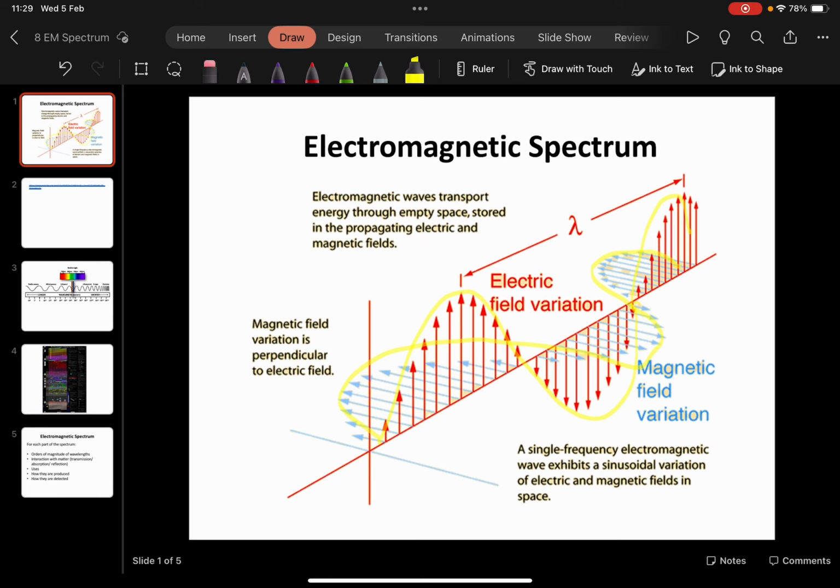And that is the nature of an electromagnetic wave. It is the propagation of electric and magnetic fields, which are varying sinusoidally, and the electric and magnetic fields are oscillating at right angles to each other.